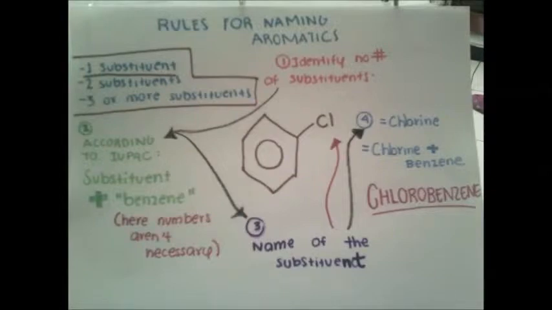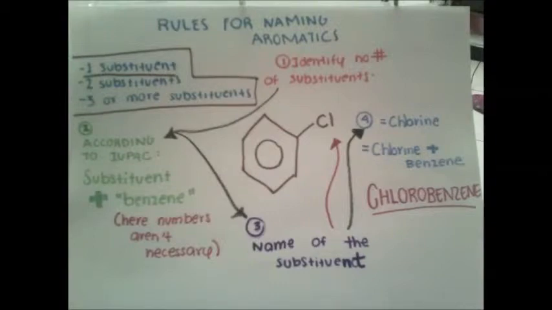There are 3 variations within the rules for naming aromatic hydrocarbons, because there is a difference between when there is just one substituent, two substituents, and three or more substituents. For example, we've been naming an aromatic hydrocarbon with one substituent. We can use the IUPAC system or just numbers.